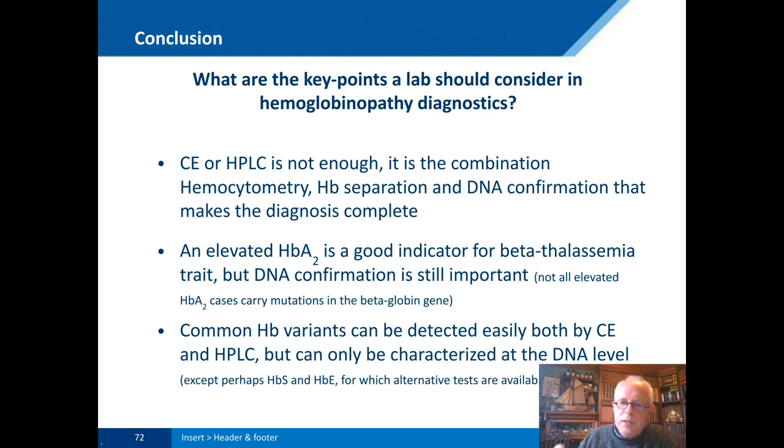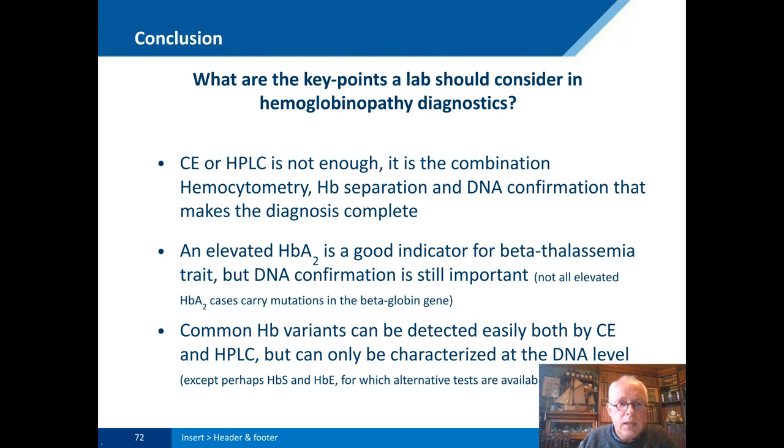Common hemoglobin variants can be detected easily both by capillary electrophoresis and HPLC, but can only be characterized at the DNA level. And then, of course, perhaps the exception is hemoglobin S. Hemoglobin S can also be confirmed by the sickle cell test. A positive sickle cell test is a good indication that it is really S. Also, for hemoglobin E, the DCIP test is done.